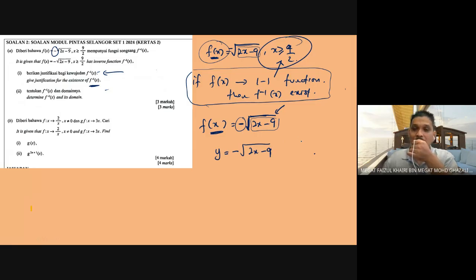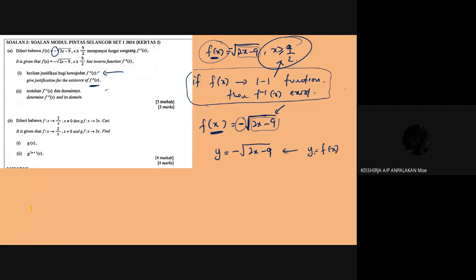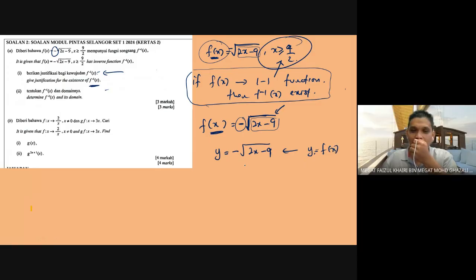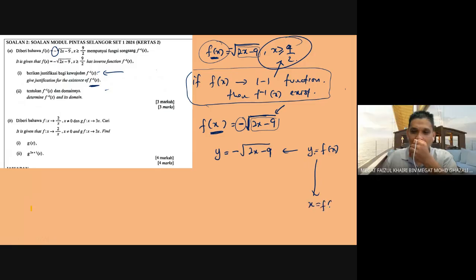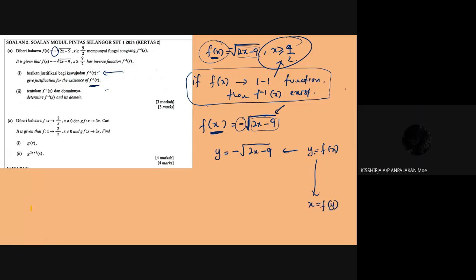Now this is in the form of y equal to f(x). We are going to make some adjustments until we get the function in the form of x equal to f(y).